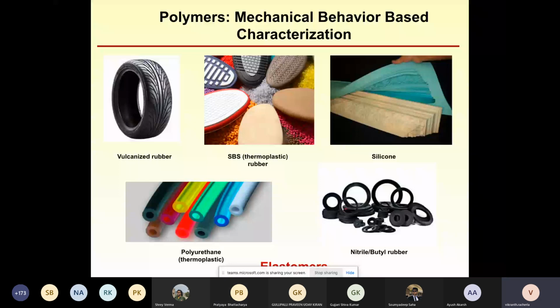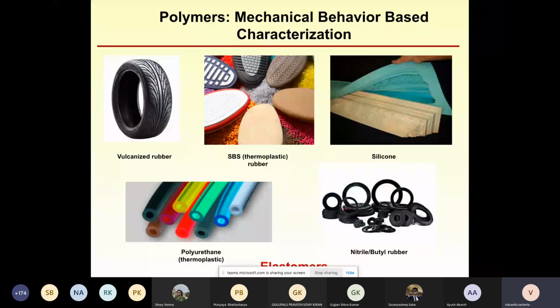You would not be able to see much of a shape change really. 0.02 is extremely small. You will see nothing really. You can subject most of the metals to about 20 to 50% strain. Okay, that is the typical strain that you can subject them to. So polymers can be subjected to about 1 to 2 orders more stretch or strain as compared to metals.